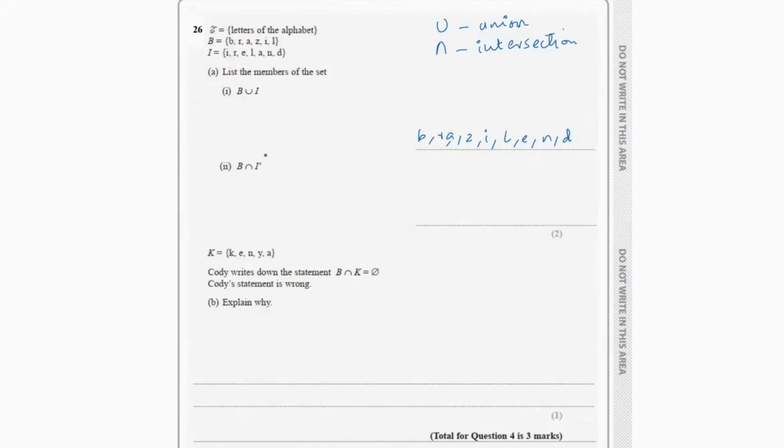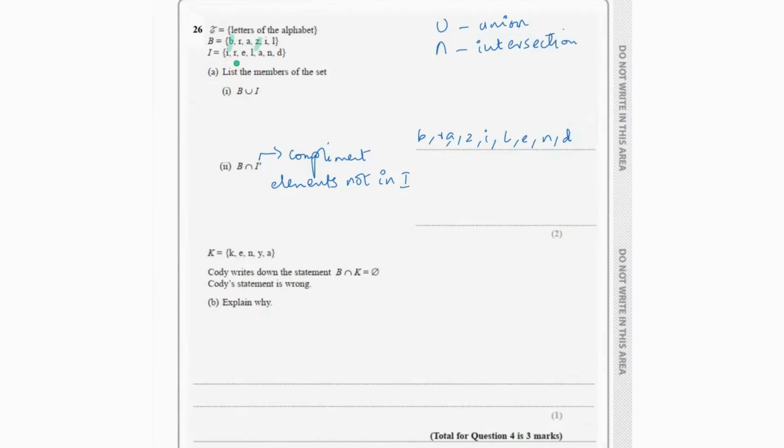Then B intersection I complement. When you have an apostrophe on the set notation, it's complement, which means elements not in I. So we have to find the intersection between elements not in I and B. So elements not in I that are going to be in B are B, Z, and that's it.